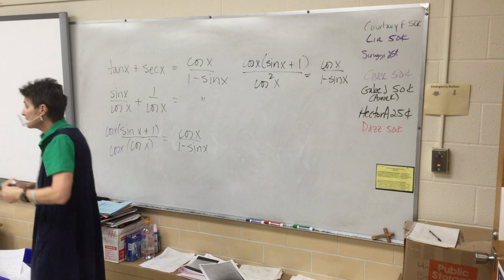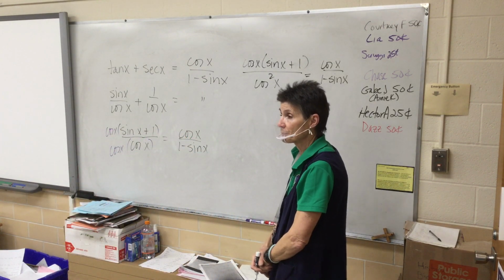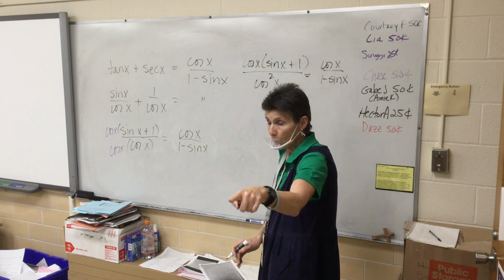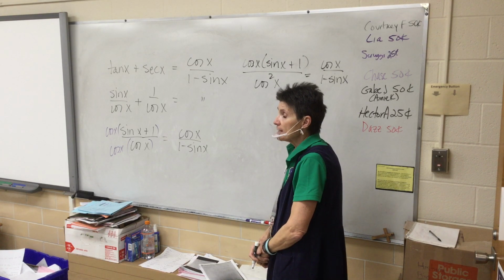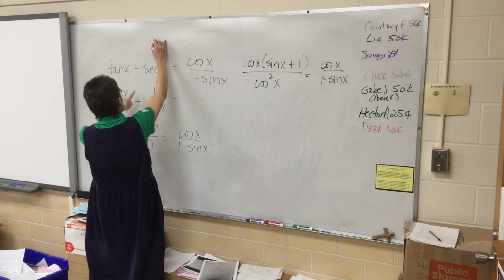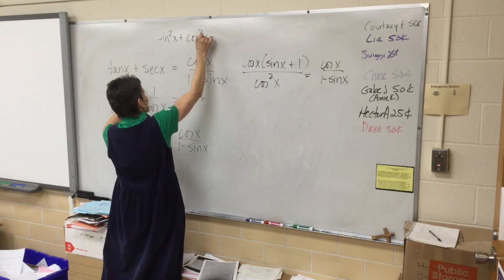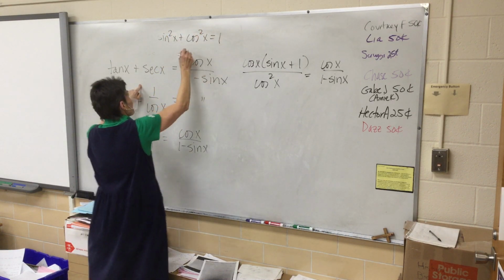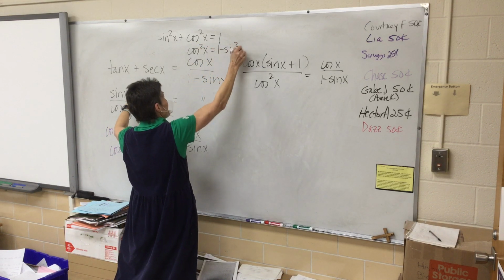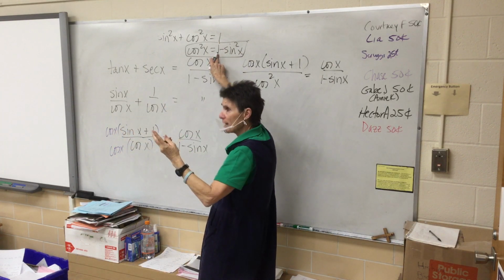All right, tell me what cosine squared equals. 1 minus sine squared. If you haven't already written that next to the identity, would you do it? The main identity says this, but if you move the sine squared over, cosine squared is 1 minus sine squared, right? That's the same formula, it's just rearranged.